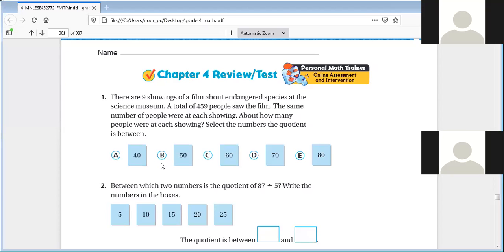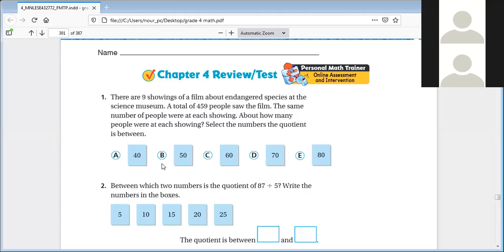There are 9 showings of a film about endangered species at the Science Museum. A total of 459 people saw the film.